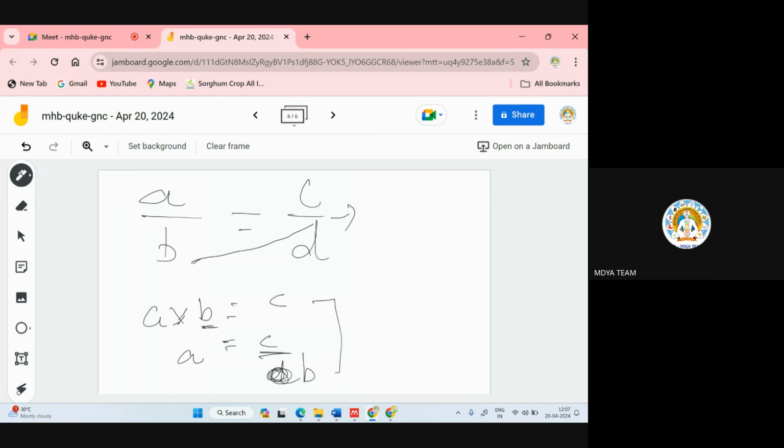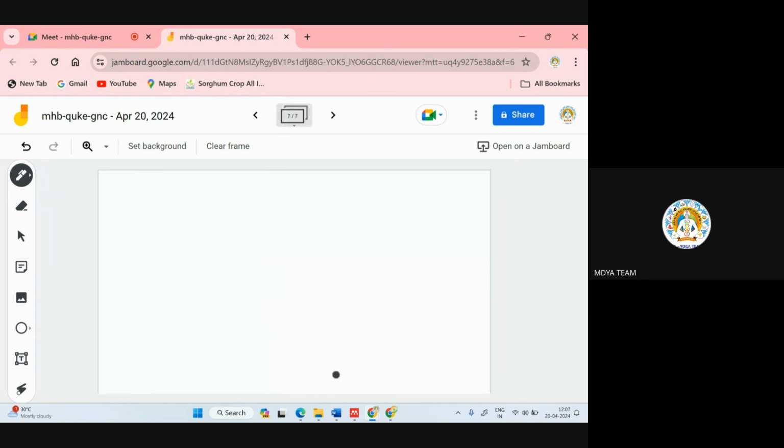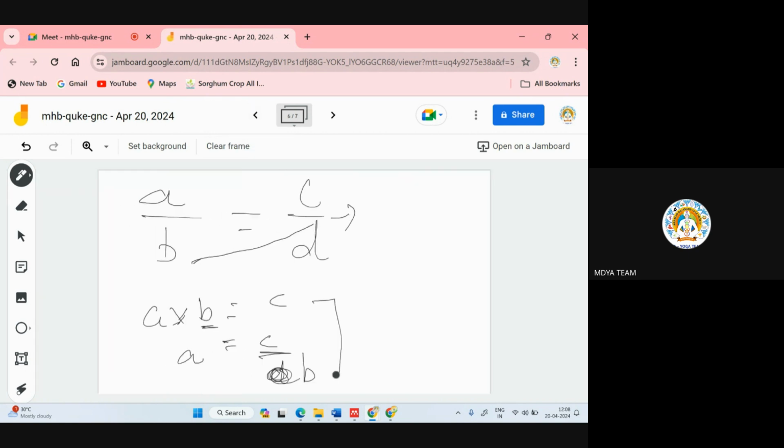Understood? Yes, sir. Okay. Now, if a value is in division on one side, A upon B equals C, and we want to keep that B on this side, we will write A equals B into C. If anyone has a doubt, they can ask or you can write this.